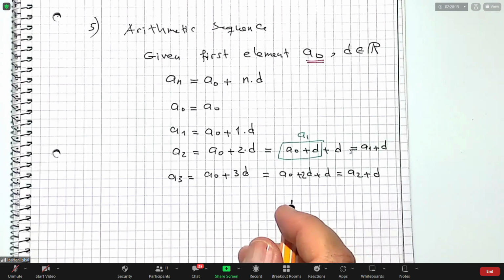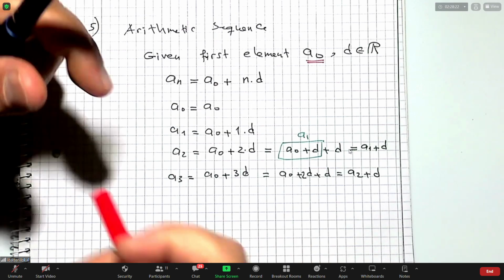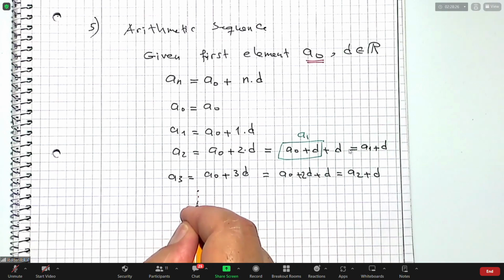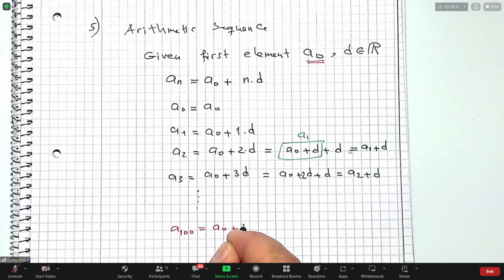And that's why, for instance, if we want to evaluate the 100th element, a100 is equal to a0 plus 100 times d. Okay?